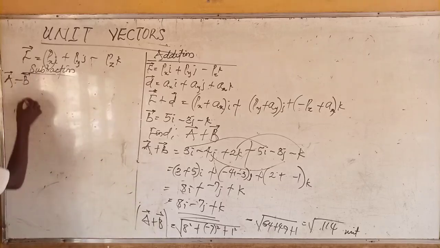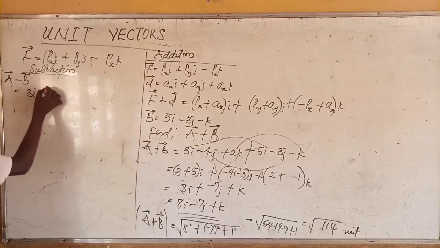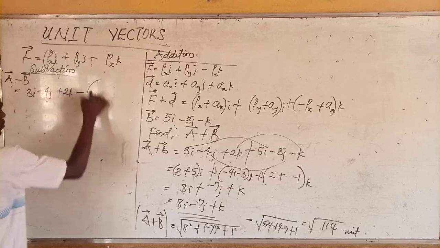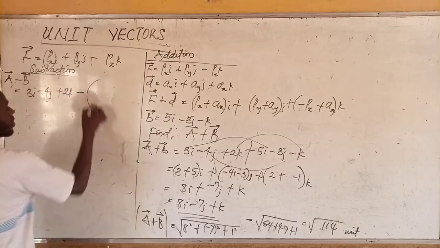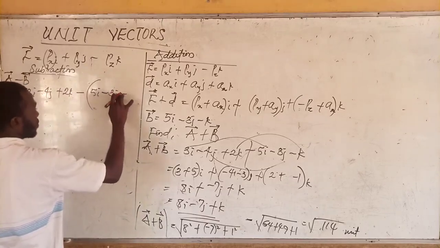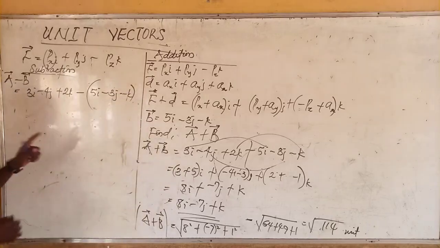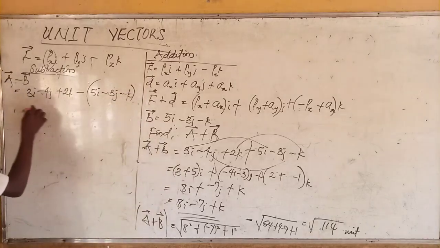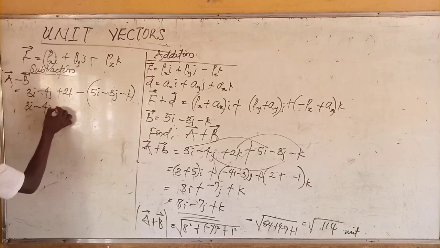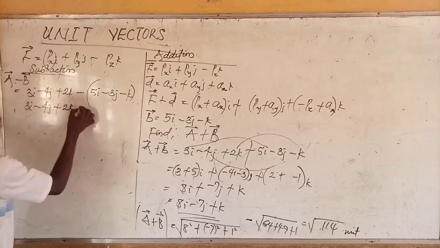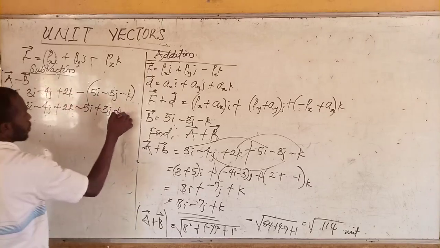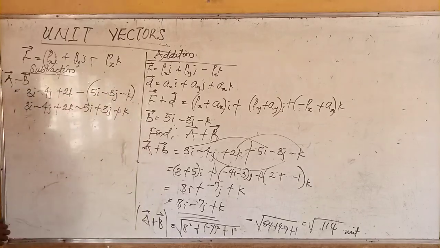You basically say that it will be 3i minus 4j plus 2k, now minus, you open the brackets, 5i minus 3j minus k. This is what we have. And then you re-express this, and you have 3i minus 4j plus 2k, this one is unchanged. Then minus 5i plus 3j plus k. Is that okay?